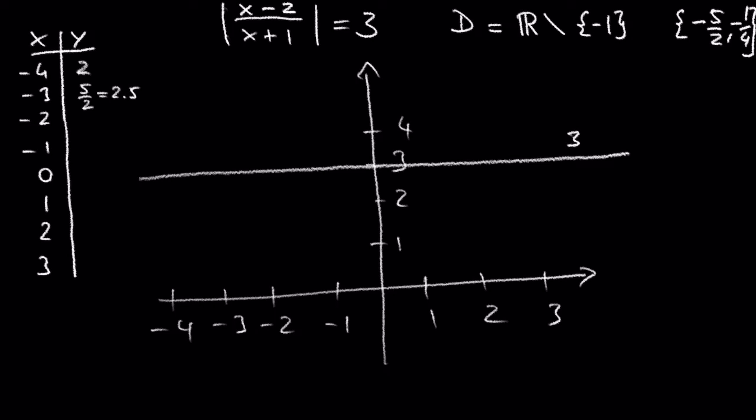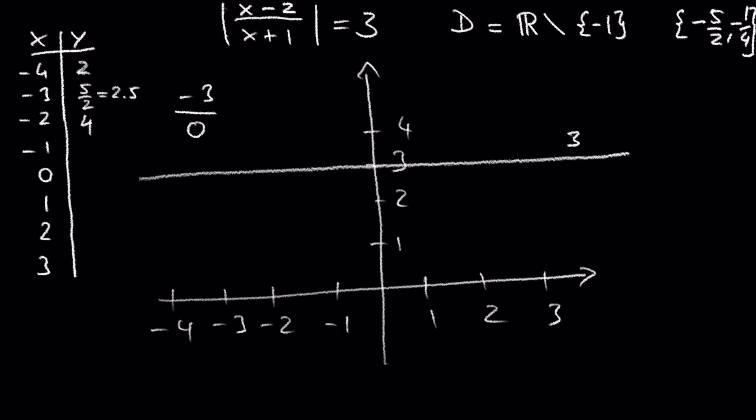Negative 2 minus 2 is negative 4 divided by negative 1 is 4. Negative 1 minus 2 is negative 3 divided by 0. Oh, the negative 1 is not allowed.